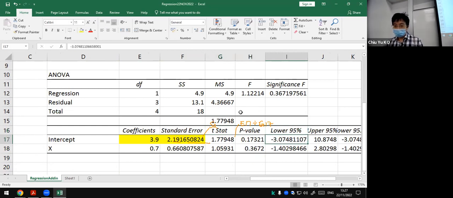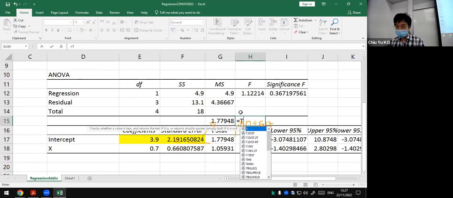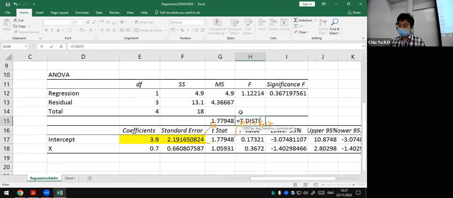Okay. So how to calculate the p-value here, right? The p-value here is just looking at the tail area, right? If you want to do it, it's just T.DIST of this guy, right? And degrees of freedom, you have 5 data points, minus 2 is 3, okay? It's cumulative, okay? But this area is the left-hand side area, okay? And you multiply by 2, okay?